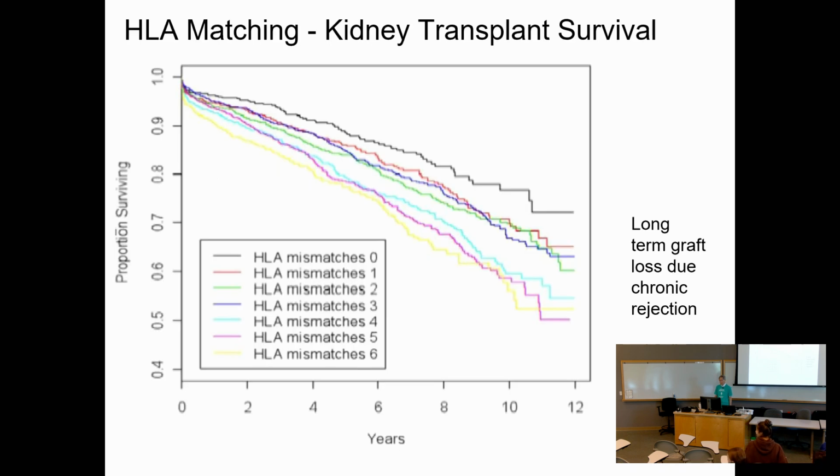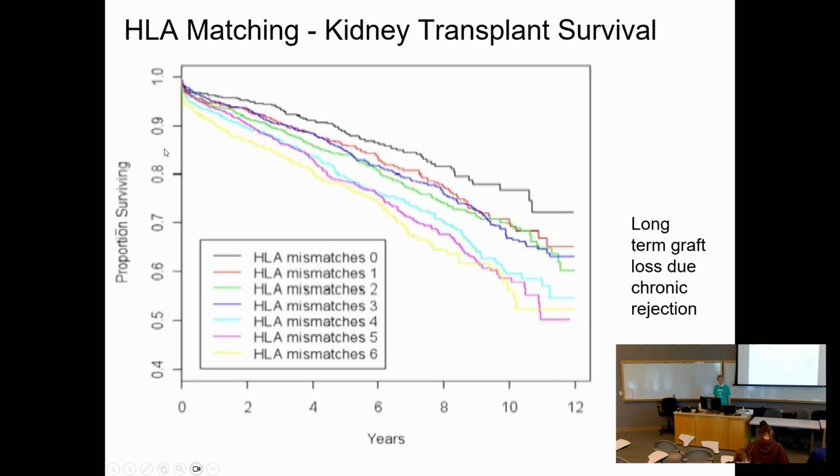And I'm showing this graph again. So what happens over time is, even though you have the best chance of survival with a complete match or zero mismatch, they all have the same slope. So at 12 years, the survival is much less than it was at 1 year.